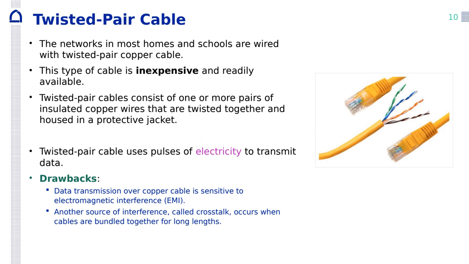It uses pulses of electricity to transmit the data. What are the disadvantages? First of all, it is sensitive to EMI. Also, it is subject to crosstalk. When the cables are bundled together, there is crosstalk. Some signal might jump to the other wire.